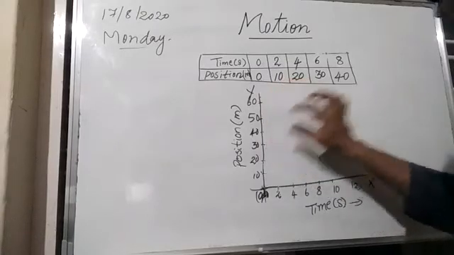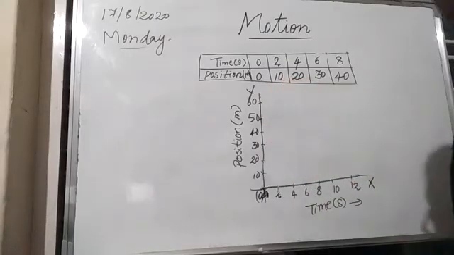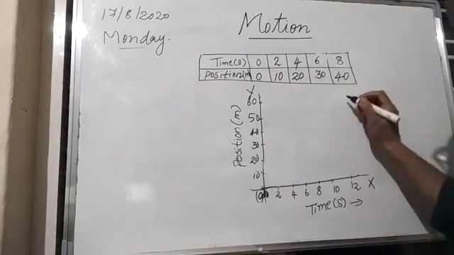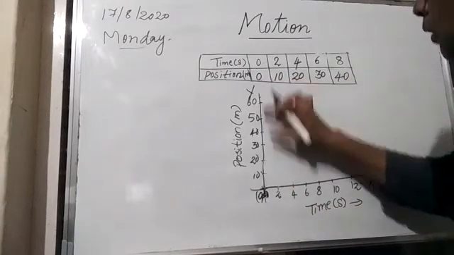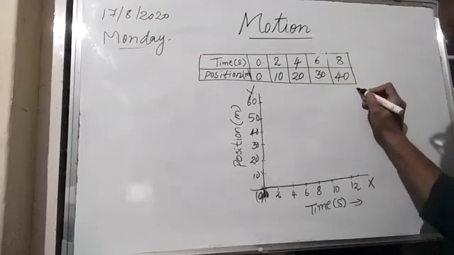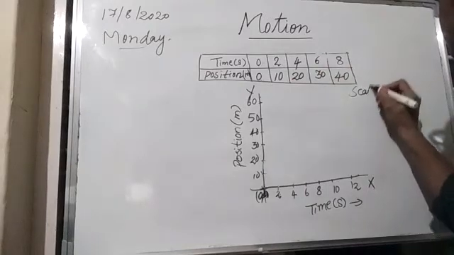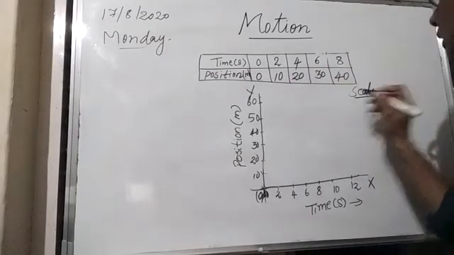So that we can write as the scale of the graph. How do we write the scale of the graph? Before plotting the graph, we have to write the scale, what scale we used to draw the graph.